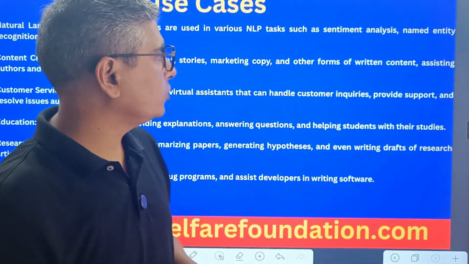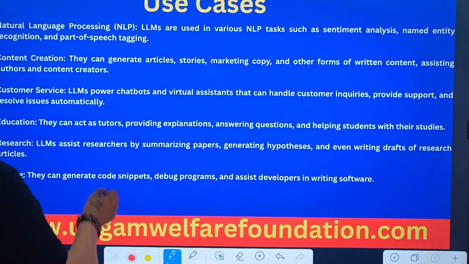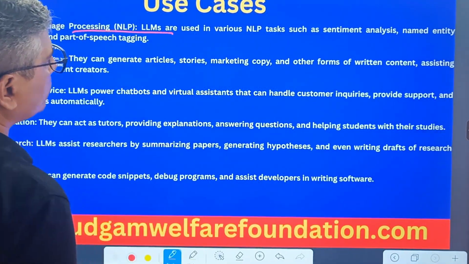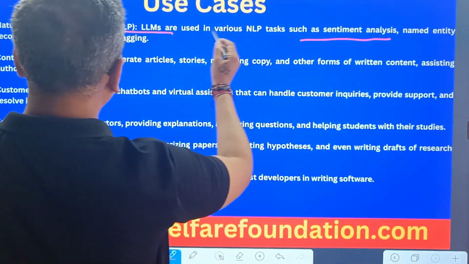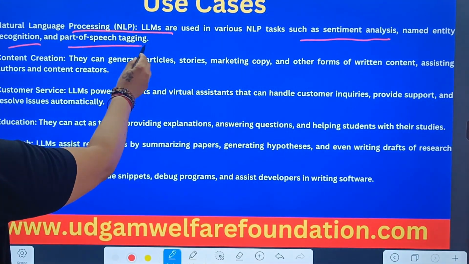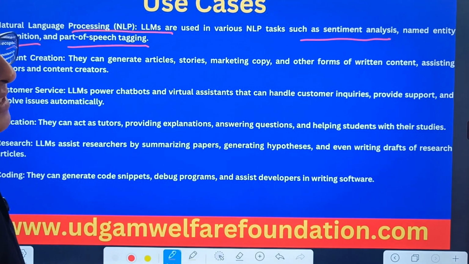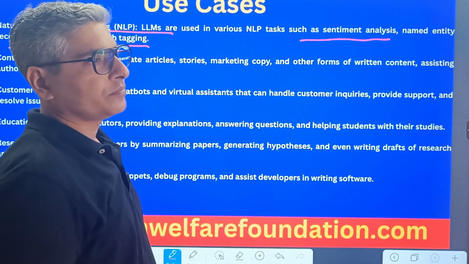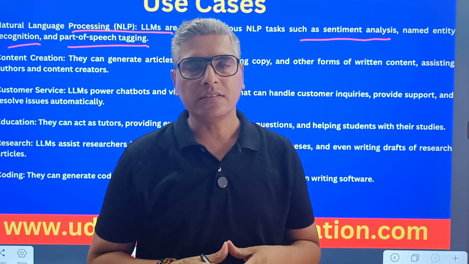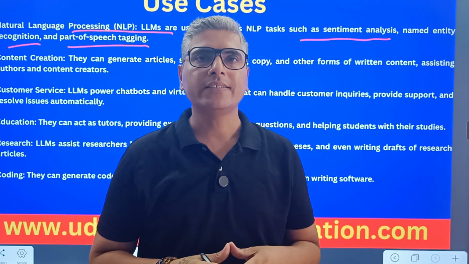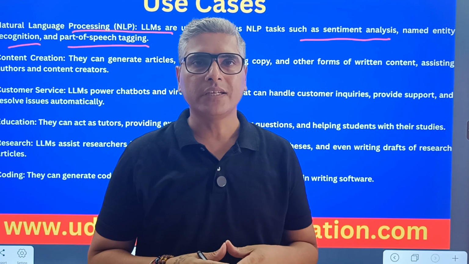Now let's understand the use cases where we are using prompt engineering. So if we talk about the use cases, then we are using it in natural language processing, NLPs. LLMs are used in various NLP tasks such as sentiment analysis, named entity recognition, and part of speech tagging. So sentiment analysis is basically used in bots where you are using the analysis related to any product. For example, what is the sentiment of people who want to purchase a Bitcoin?